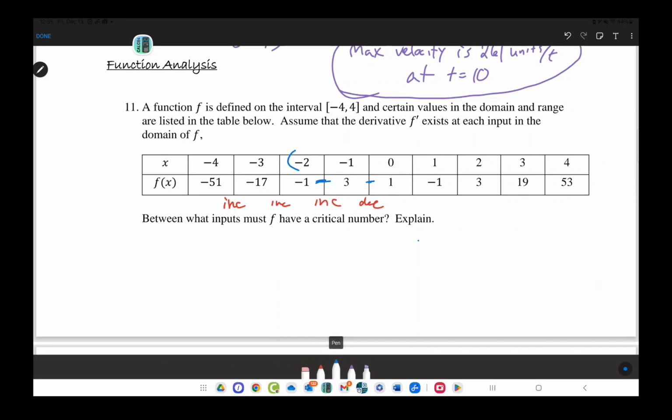So I'm going to say that somewhere between x equals negative 2 and 0, there must be a critical number. Do I know where the decreasing or increasing starts or stops? Because what if at negative 1.5 it went up to 5? You can assume that the function's consistent between there.